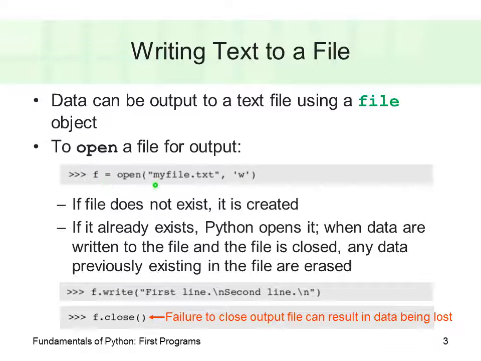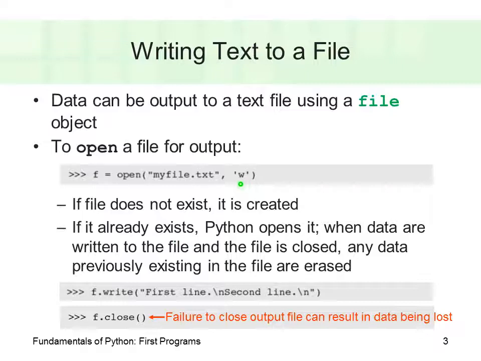So what happens as a result of this open function command? If the file does not exist already, it's created. If it already exists, Python opens it, and when you write the data to the file and the file's closed, any previously existing data in the file's erased. Right?